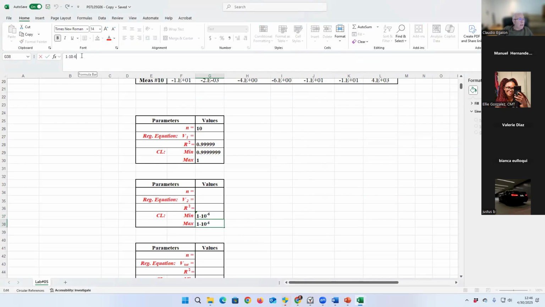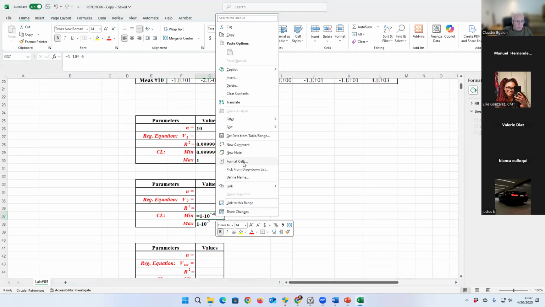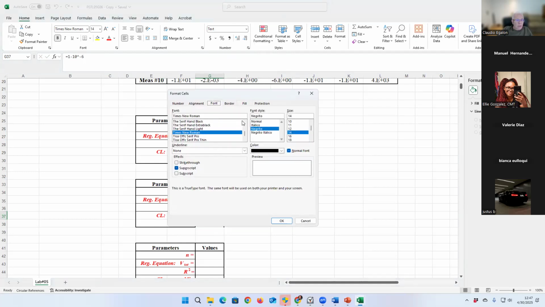Let's say if you have 10 to minus 6 there, the other one is going to be 10 to minus 7, right? I still see answers like that. You're not supposed to do that, okay? Instead, what we are supposed to do is put an equal sign here, right? You type 1 minus 10, and then you raise it to the minus 6. When you do that, don't forget also to reformat it, not as text.